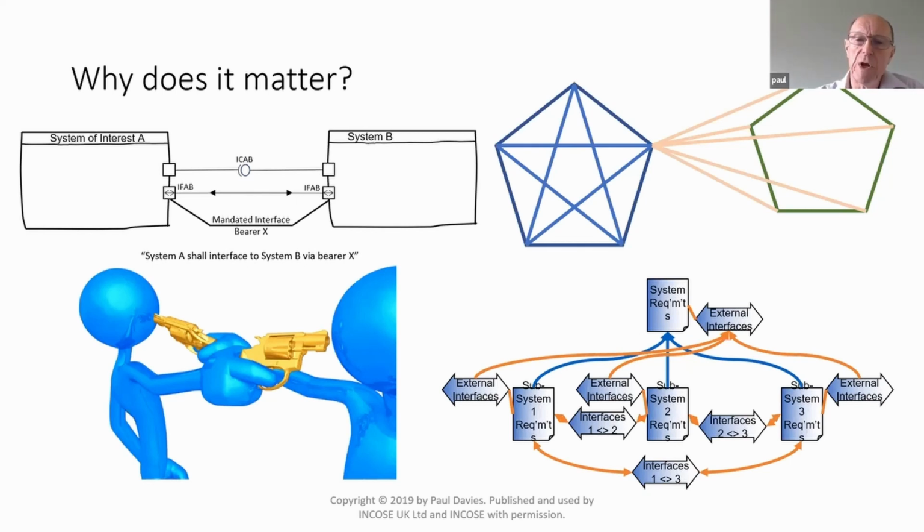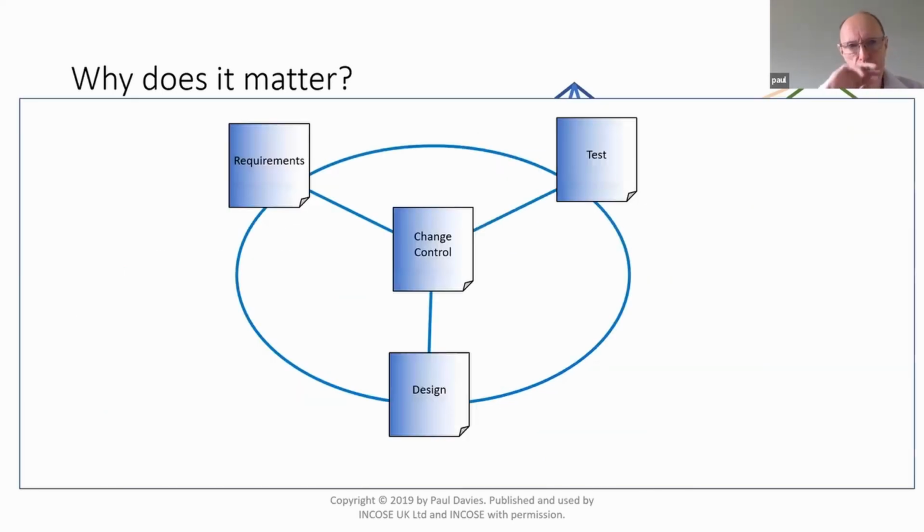So you very quickly get into the problem that you have to manage three-way traceability for a very deep hierarchy. All right, and then we add testing as well, which makes it even more complicated.